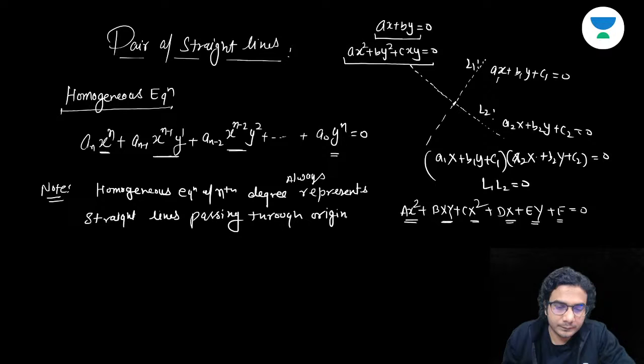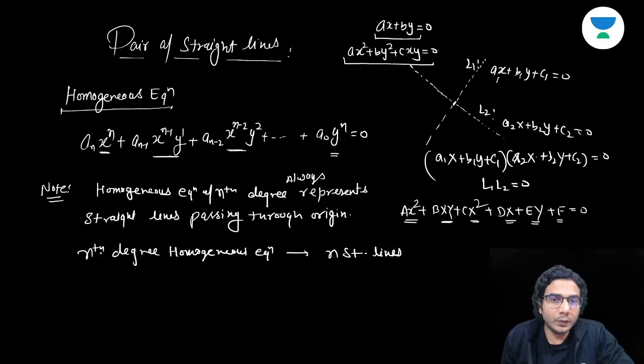Okay, so nth degree homogeneous equation will represent n straight lines. All right. If you have 2 degree homogeneous equation, it will represent 2 straight lines passing through origin.